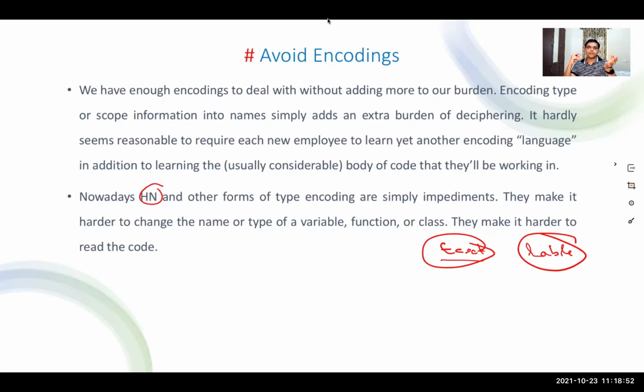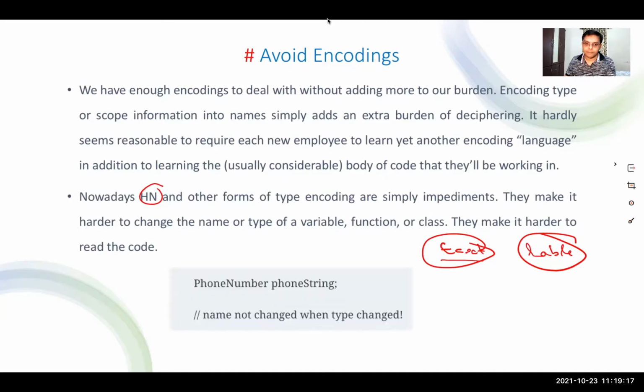But currently, the IDE itself gives you a lot of information, like what kind of variable it is and where it is used. You can get the usage of those variables just with a single click. You can get all those details. So giving these kinds of encodings is very irrelevant right now, because that's a lot of messy code in your application.